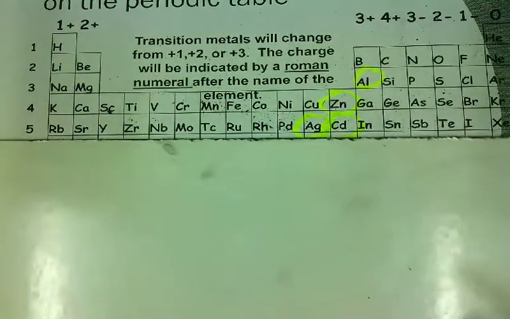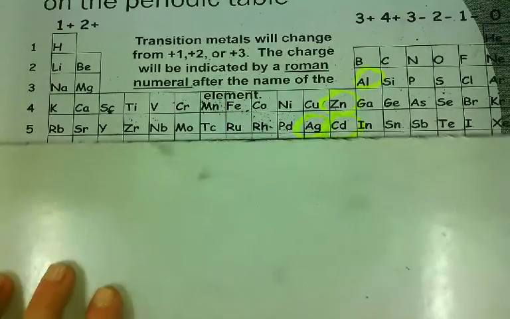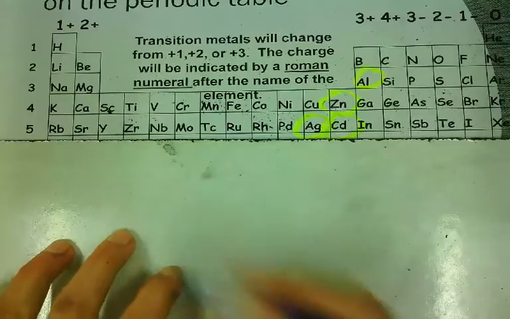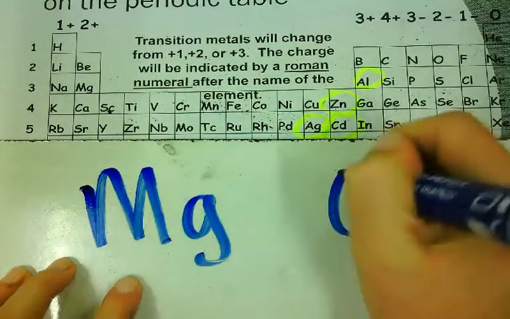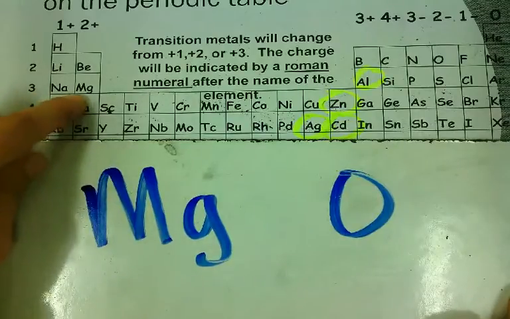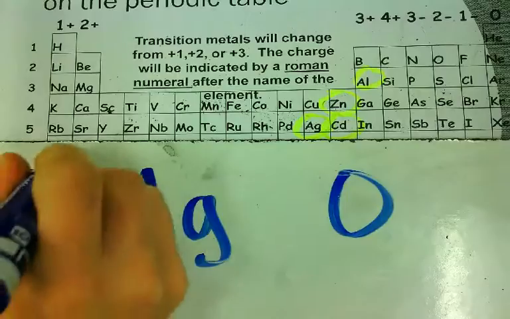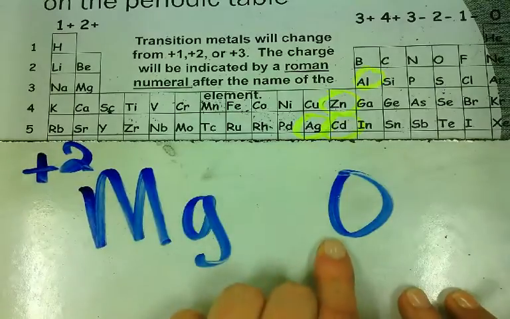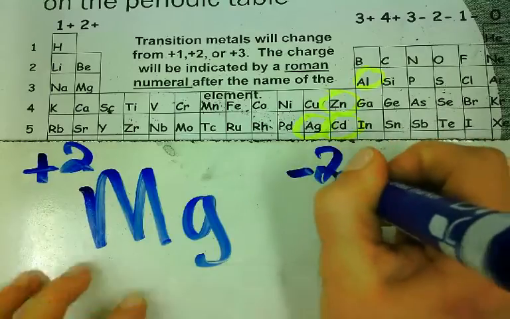Now, to swap and drop these and write the correct formula, we're going to start out with magnesium and oxygen. Magnesium's ionic charge is +2, and oxygen's ionic charge is -2.